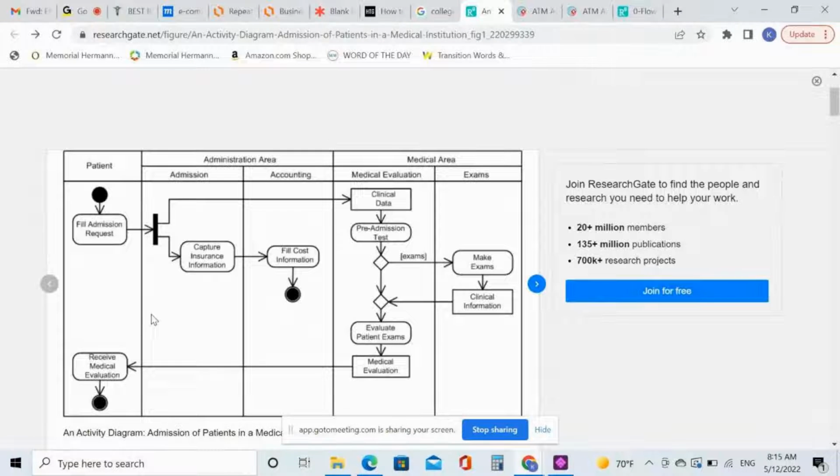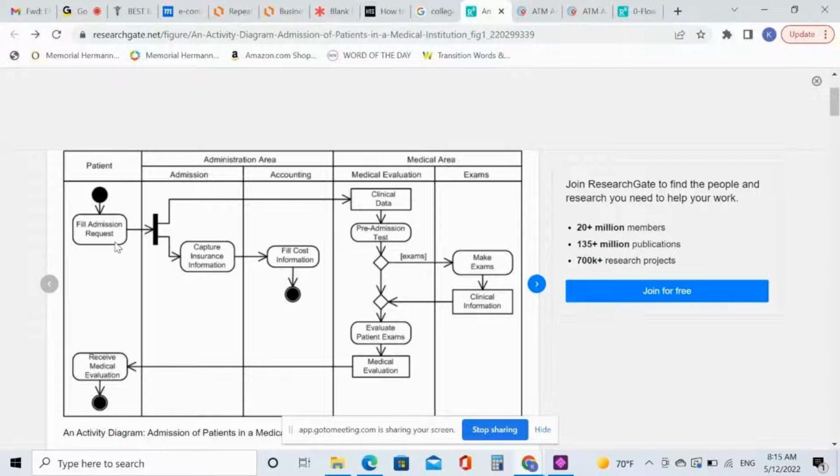So the patient is coming. The patient needs to register. Do you register when you go to a hospital? The first time, do you do registration? Yes, it's one-time registration. Every time you go to any bigger hospital, they do one-time registration, right?